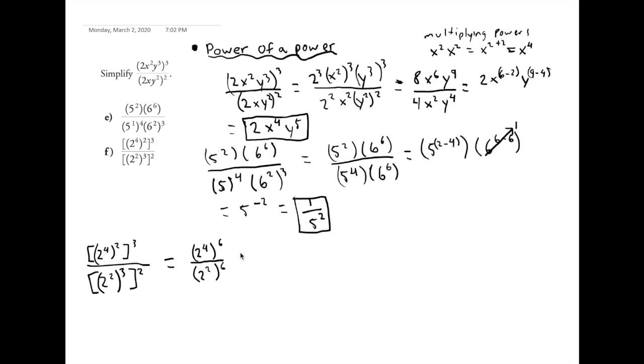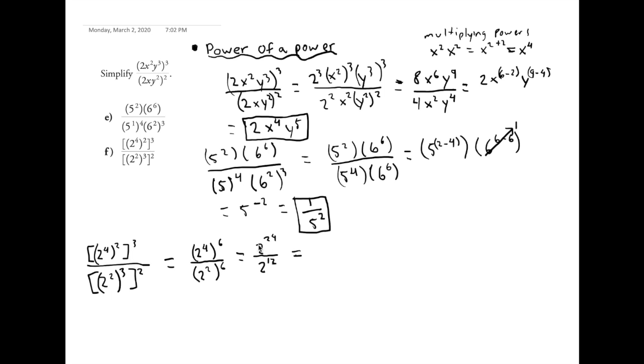Okay, so now we're going to do the rule one more time. So it's going to be 2 to the power of 4 times 6. That's going to be 24. And then the bottom is going to be 2 to the power of 2 times 6, which is 12. Now we're simply going to use the division of powers rule.